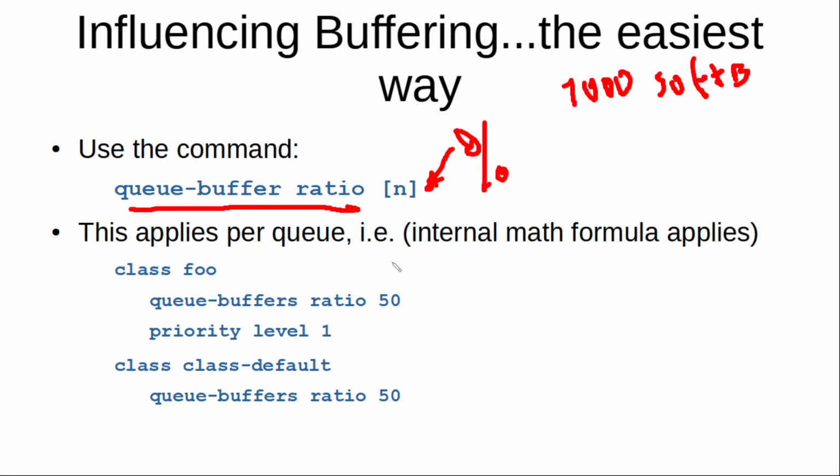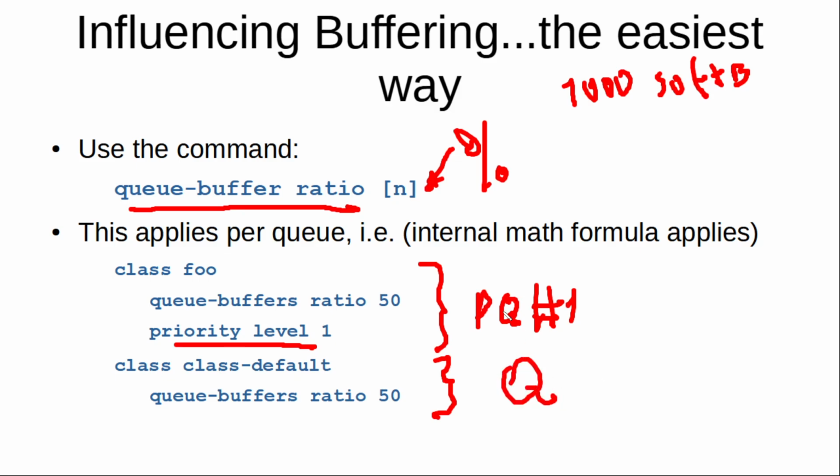So let's see, for instance, this example, I have these 2 queues. This first queue, if you notice, is a priority level queue, number 1. So it will be my priority queue number 1. That is my first queue. And then I have another queue, which is the class default queue. And I am using this command qbuffer ratio in order to influence the amounts of buffers that are going to get assigned into my queues.